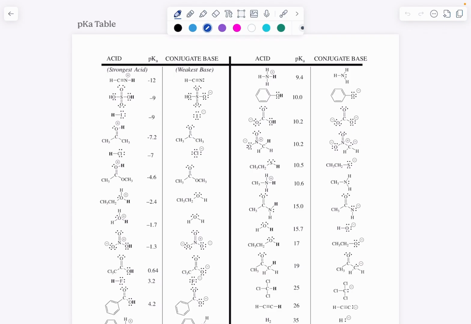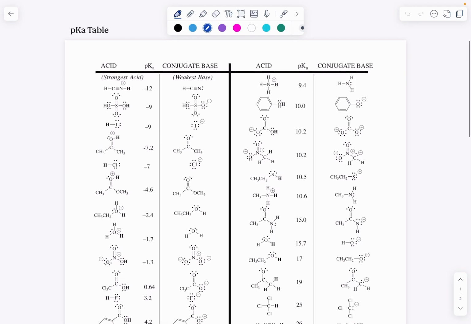You may see similar molecules. We'll learn how to predict pKa values based on structure of the molecule. But what I want to show you looking at this now is just the way this table is set up. So there really are two columns, but they're continued. We have acids, two columns of acids, and then two columns of their conjugate base.